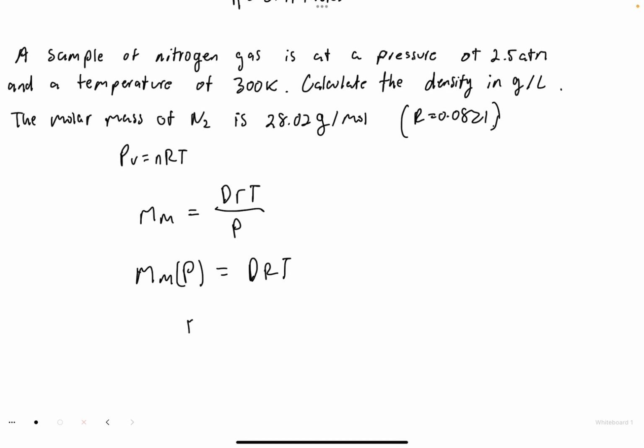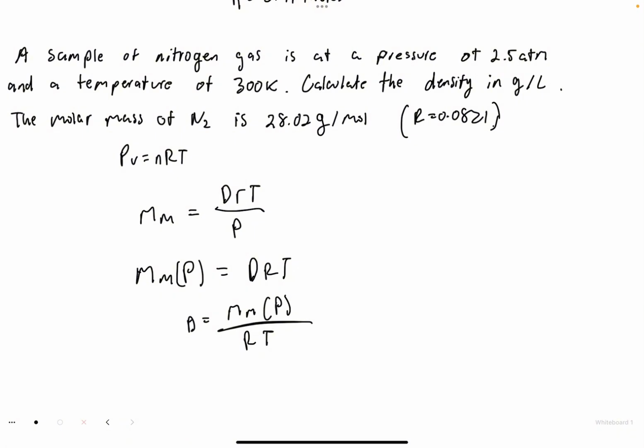Then divide those values. So density would be equal to molar mass times pressure over the R value times the temperature. So now our lives are so much easier. All we have to do now is plug it in.